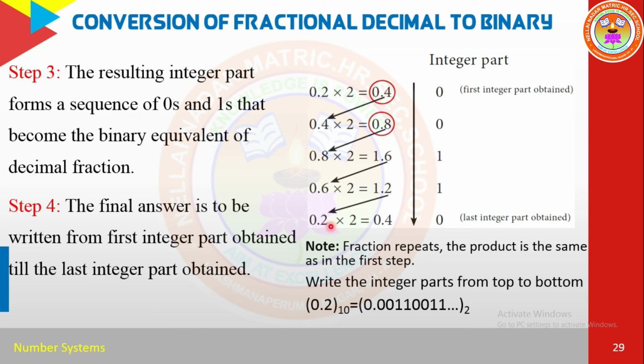0.2. Students, listen to this line carefully. Now you have to get 0.2, right? So 0.2 into 2 gives 0.4. This same step was already used at the very first step, right?